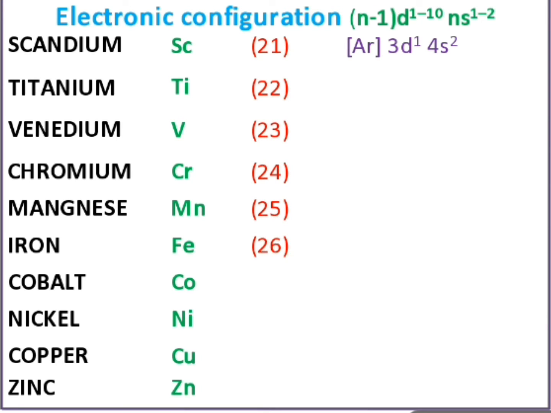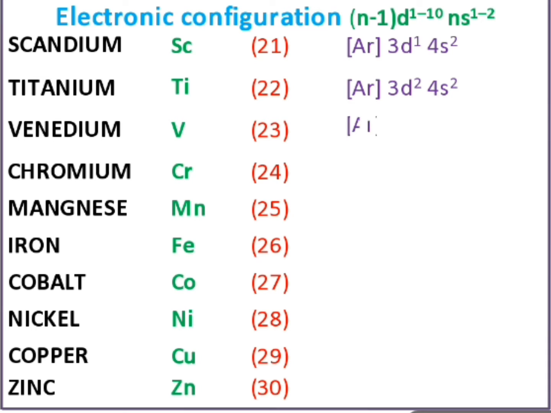We are now writing the atomic numbers. The configuration will be 3d2 4s2, because the d orbital is again empty, and one more electron can enter. But here the question is in the case of chromium.